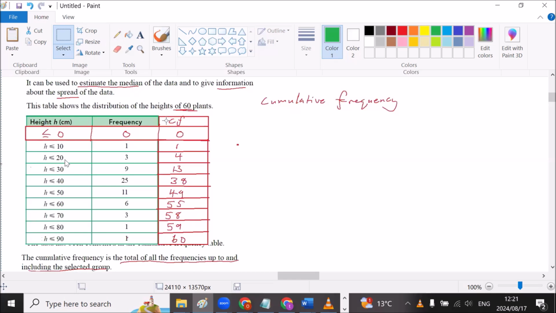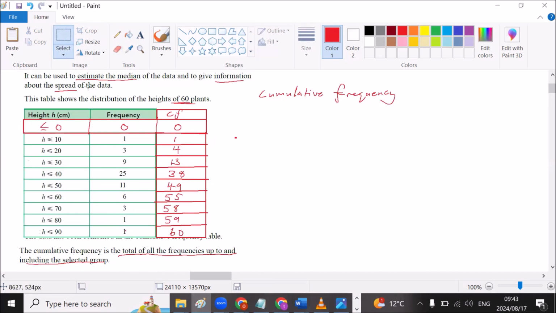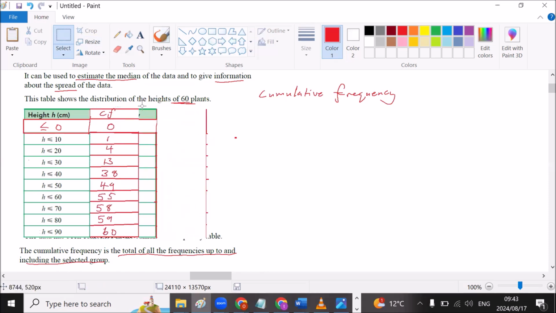So we only take the upper limit of the selected group and add all the previous and the current frequencies on that level. Now we can remove this and have our cumulative frequency table like that.